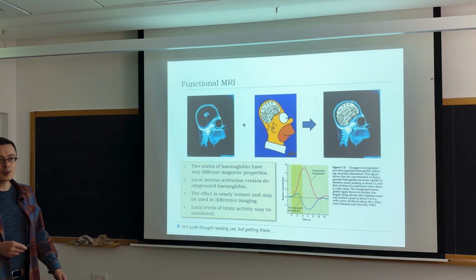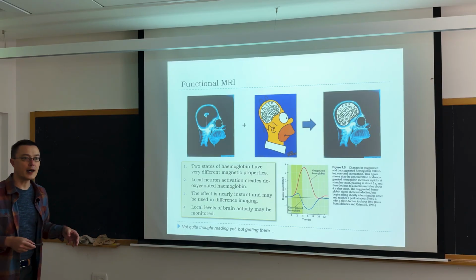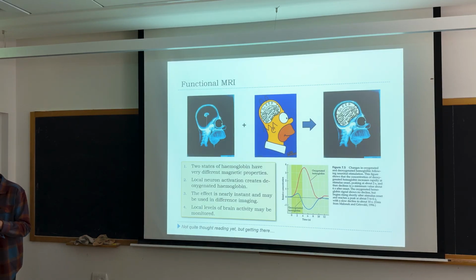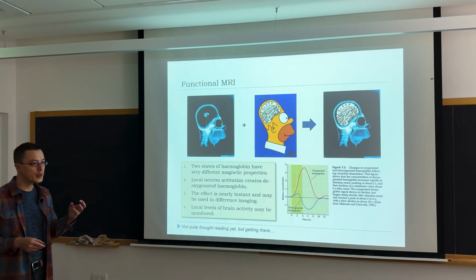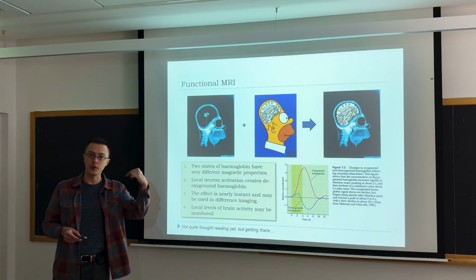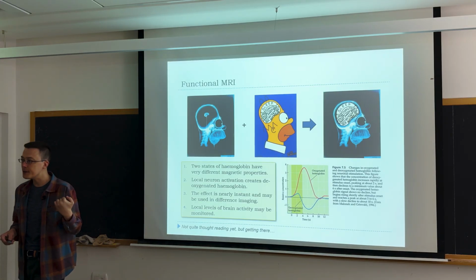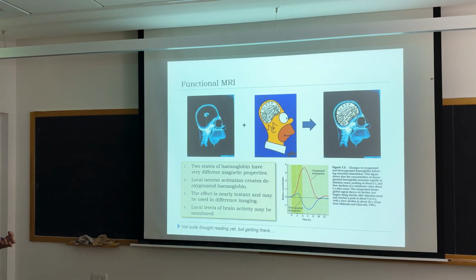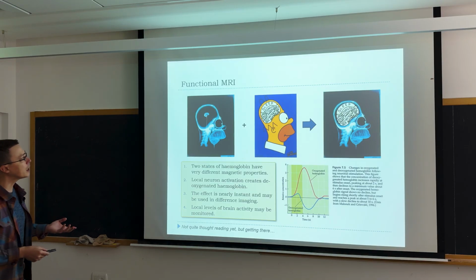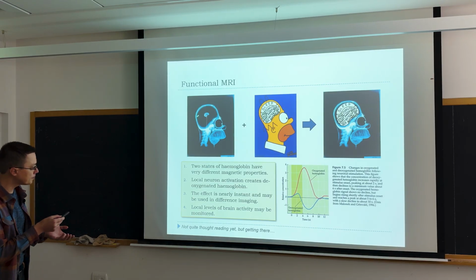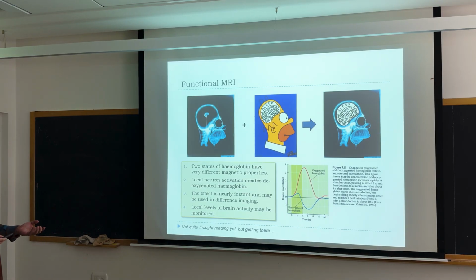Functional MRI, I've already mentioned that because of iron and because of the fact that the magnetic properties of hemoglobin, which is bound to oxygen and not bound to oxygen, are very different. Tissue changes magnetic properties very significantly depending on whether oxygen is consumed and on the extent of the blood flow. So this is functional MRI. You roll Mr. Simpson into an MRI instrument and get him to think about donuts.